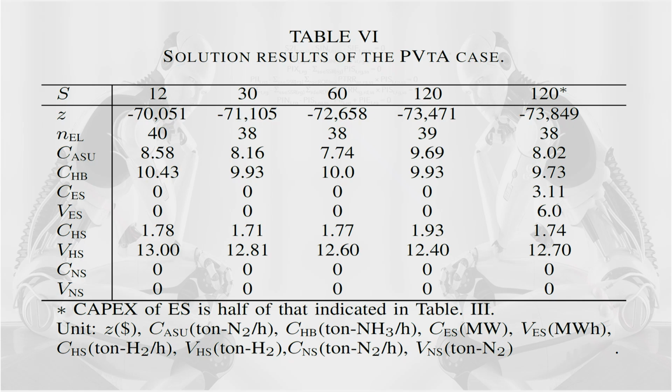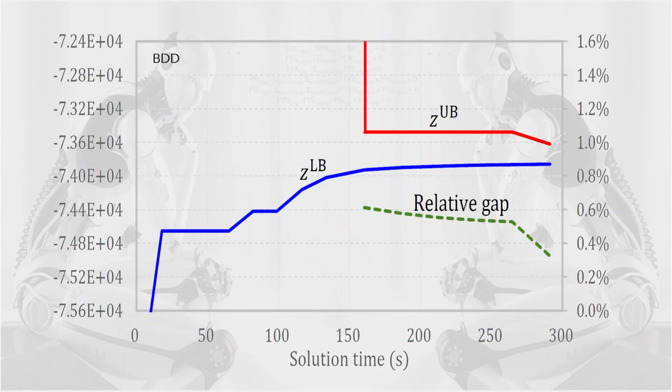The results are divided into several variables: Cost, NEL, CASU, CHB, CES, VACE, CHS, VHS, CNS, and VNS. The BDD method convergence profile for up to 120 scenarios is shown in the figure.